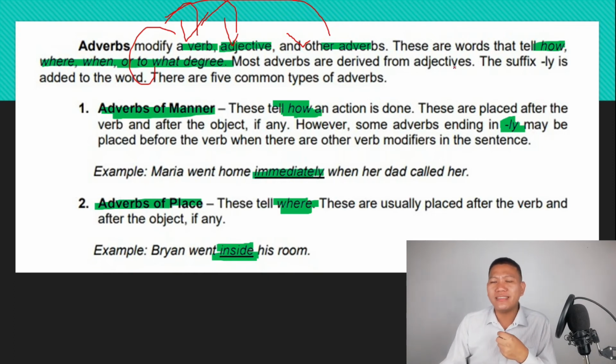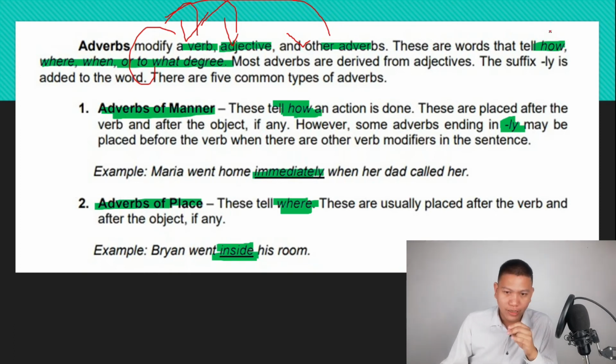These are the words that tell how, where, when, or to what degree. Okay? So it answers the question how, where, when. You get it? But these questions are meant for verb, adjective, and adverbs. Because if you answer the question where for noun, that's a noun, that's not an adverb.